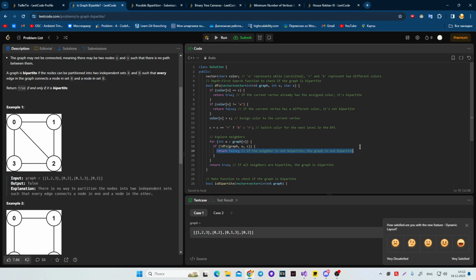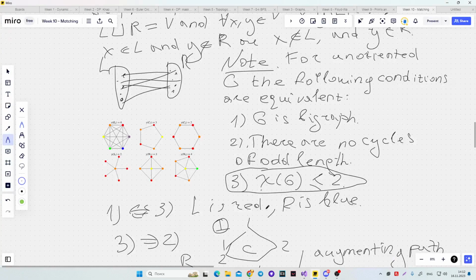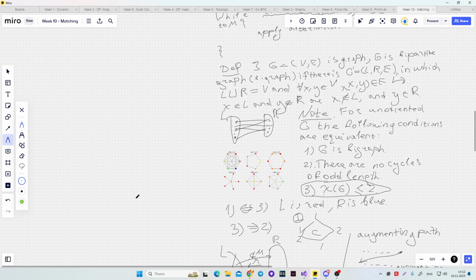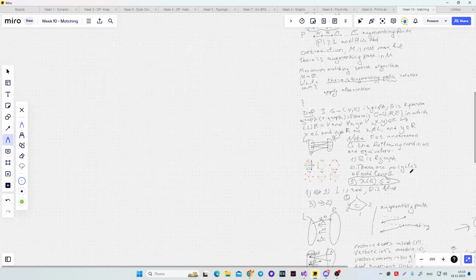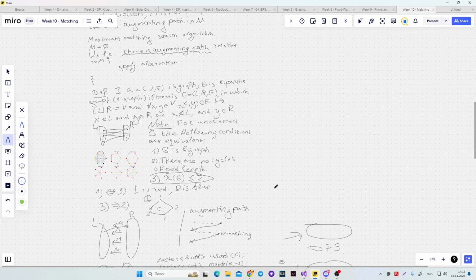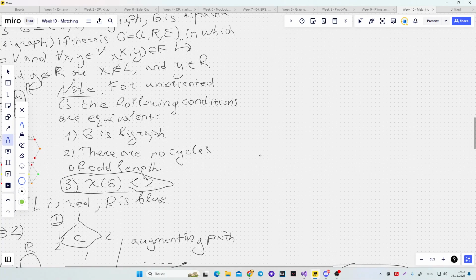In this way we consider the graph and the color.